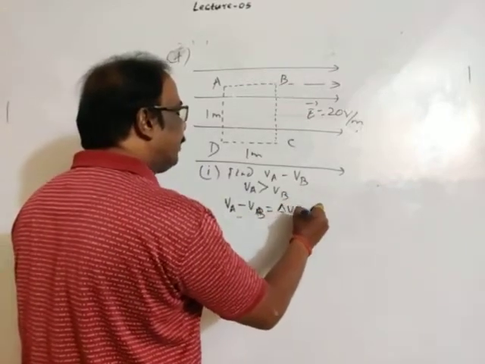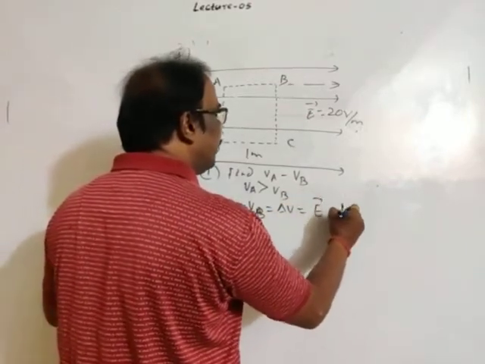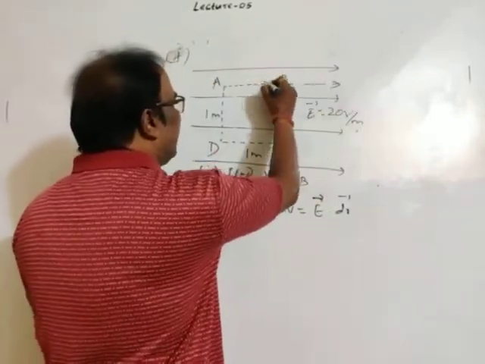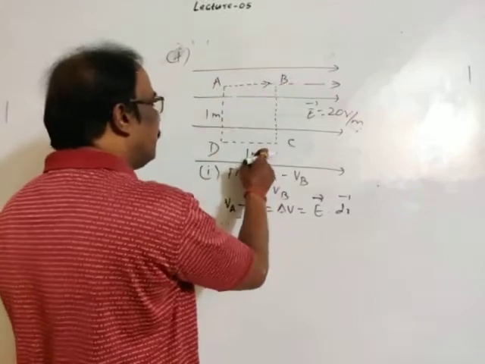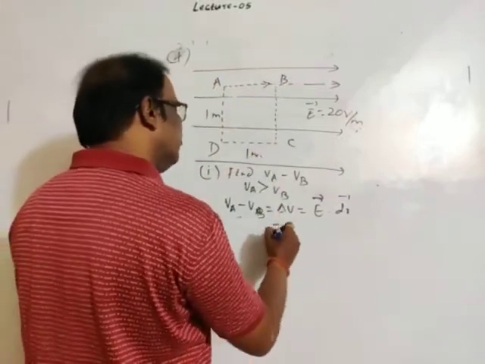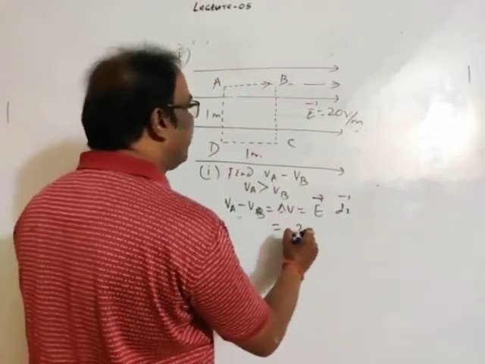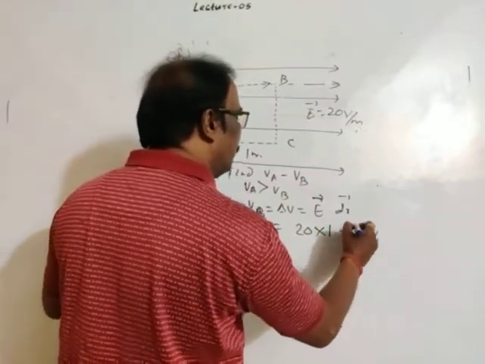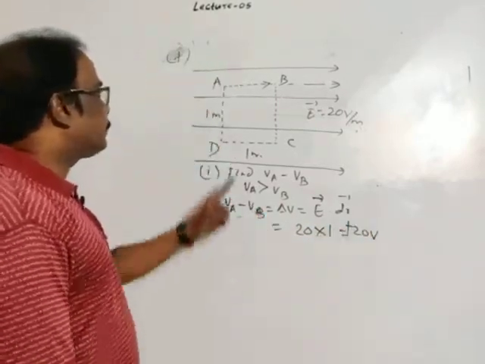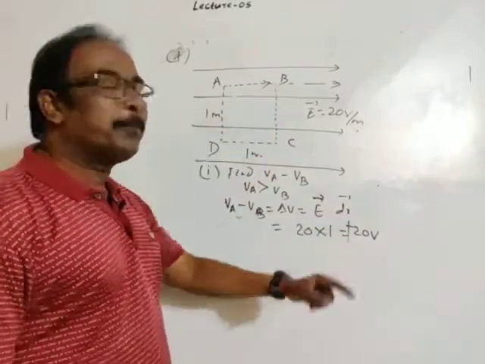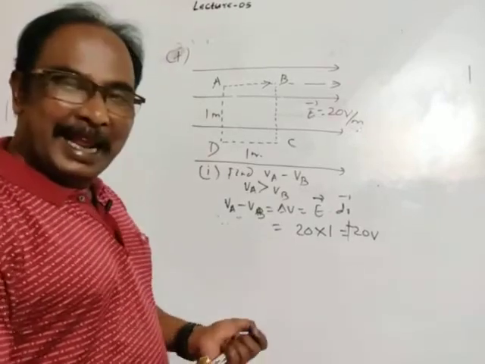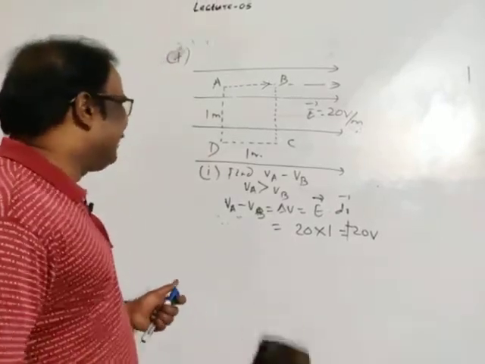Delta V is equal to E dot dr. Along this direction AB is 1 meter, so VA minus VB is 20 into 1, which equals 20 volt. It is positive because VA is greater than VB. Is it clear to you? Then next bit.